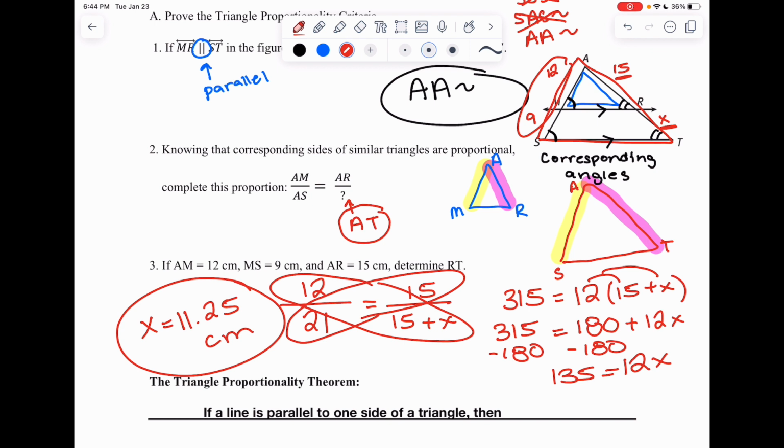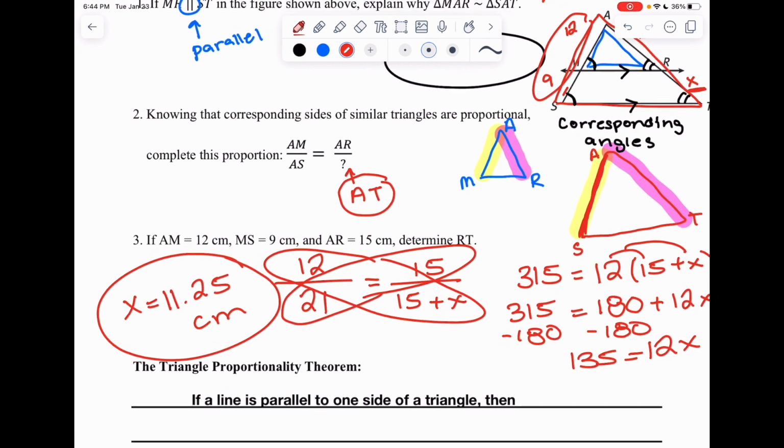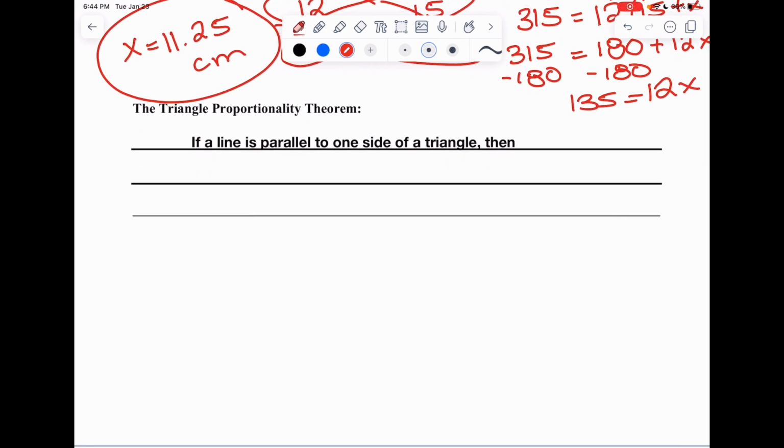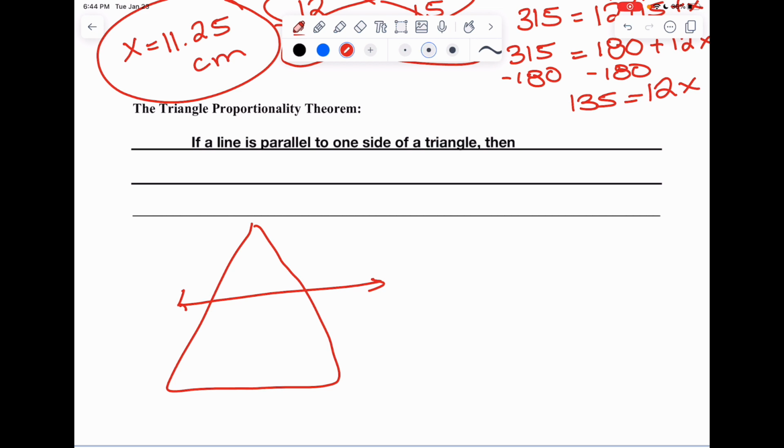Now, I had to add the lengths of AM and MS to find the entire side length of the big triangle. What I'm going to show you now is that there may be a shortcut. The triangle proportionality theorem says that if a line is parallel to one side of a triangle, then that line splits the two other sides proportionally.